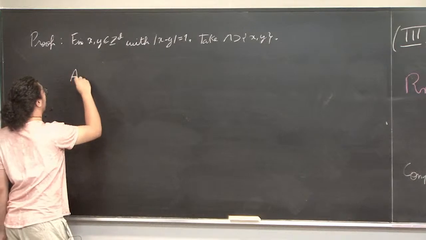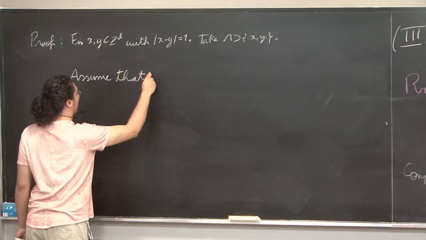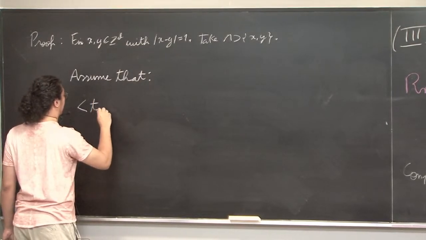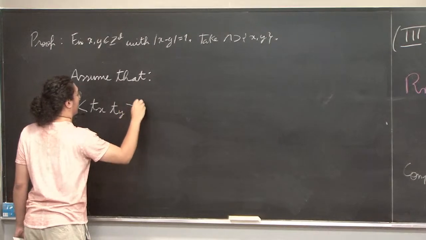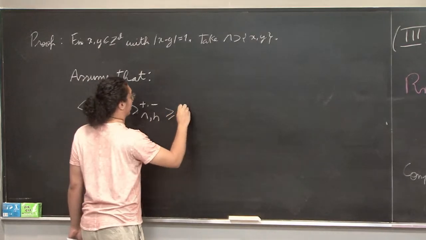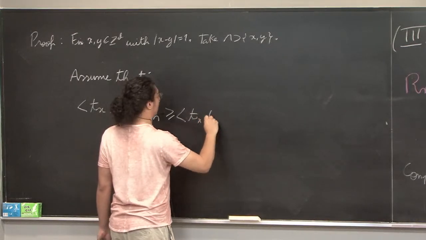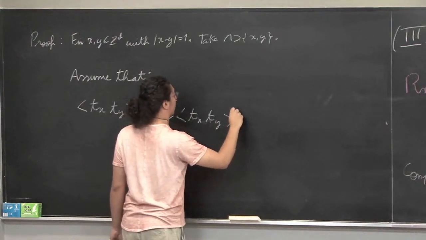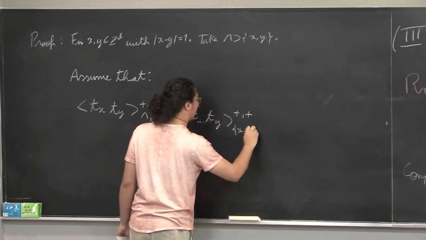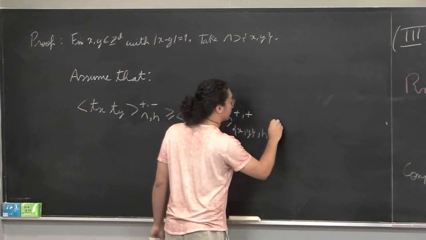So first, assume that we have the following inequality, that T X T Y, again plus and minus lambda h, is bigger than this thing here, T X and Y, T X D Y plus, here also plus, and also that this is positive.